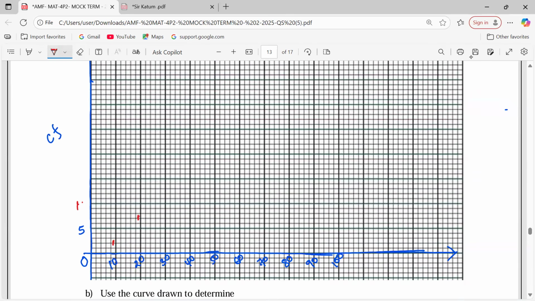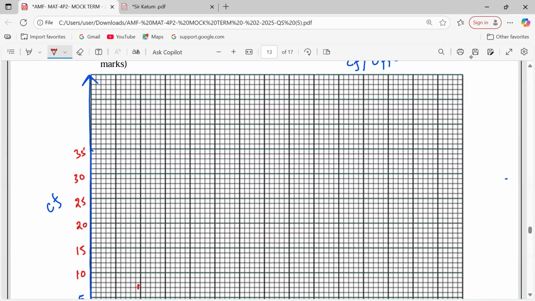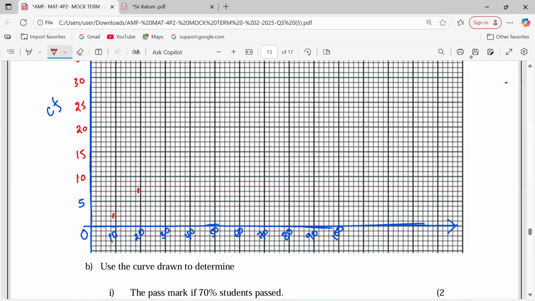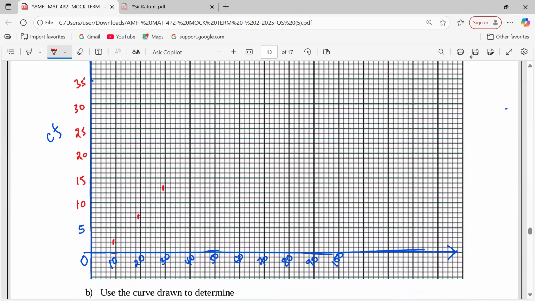From 5, we should be having 10, and from 10, 15, then 20, 25, then 30, 35, 40, 45, 50. Yeah, that way. So now 29.5 against 13. 13 is slightly above 10, but below 15. So that is the coordinates.